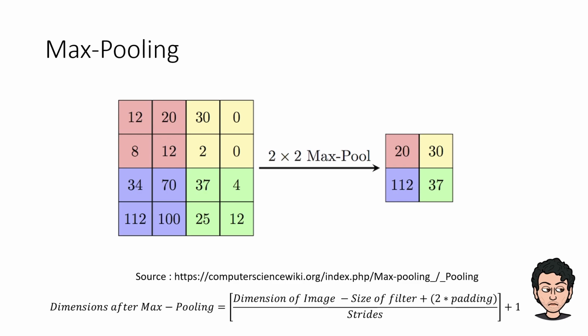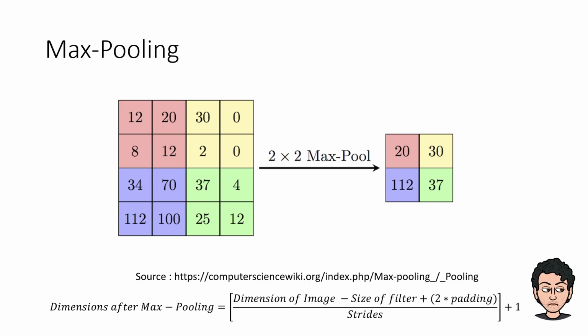All right, so the dimensions will be reduced, since after the max pool the dimension is going to get reduced. The math for the dimensions after max pooling is also the same: dimension of the image minus the size of the filter, plus 2 times padding, divided by strides, plus 1. That is exactly the math that we use to figure it out. Assuming this is a 4x4 image where we apply a 2x2 pool, let us calculate.